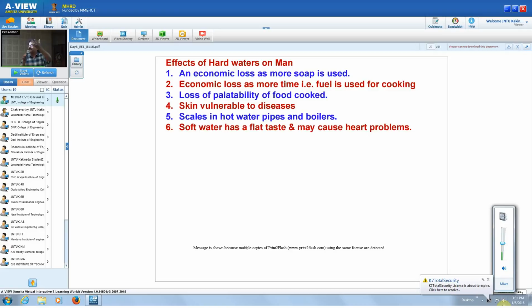Skin vulnerable to diseases. If the water that you are using is hard, then you are prone to more skin diseases. Why? All of you please listen to me.